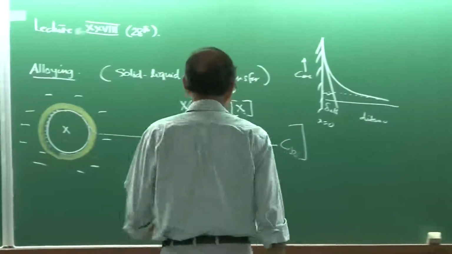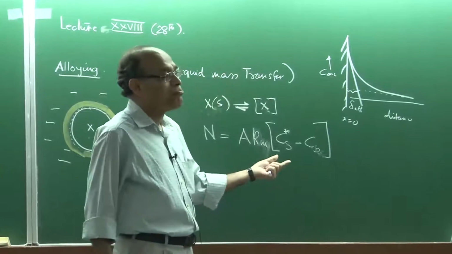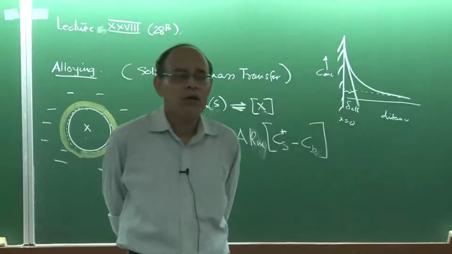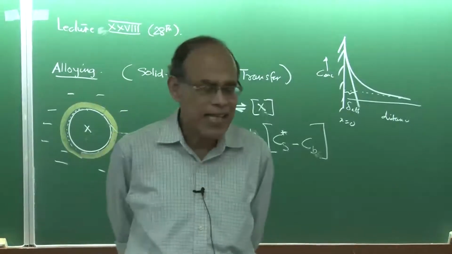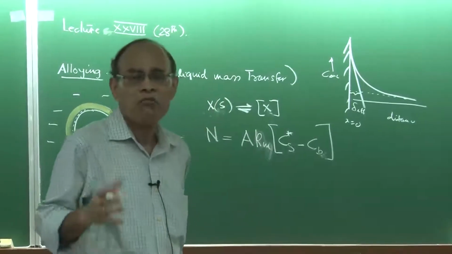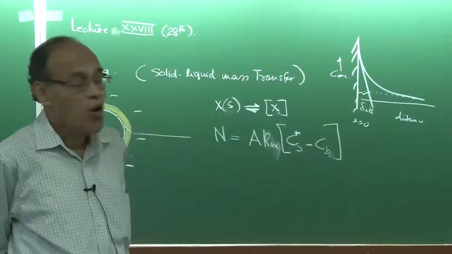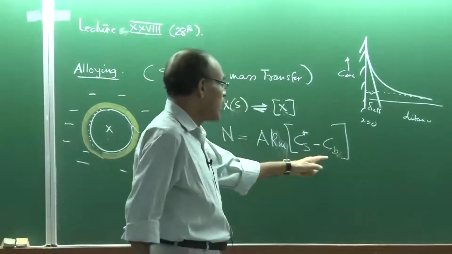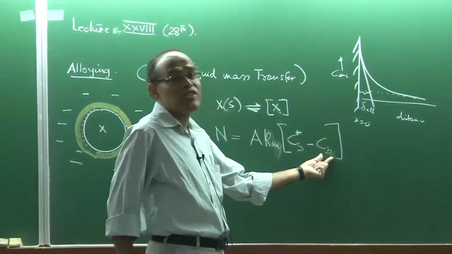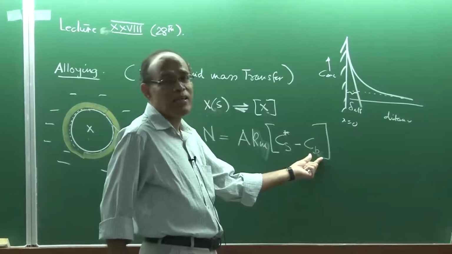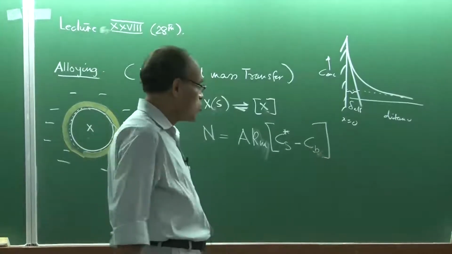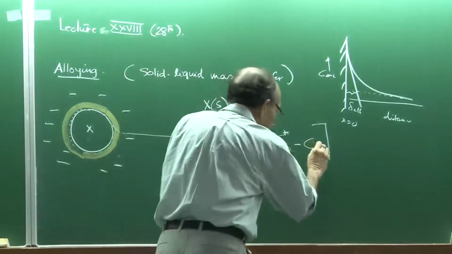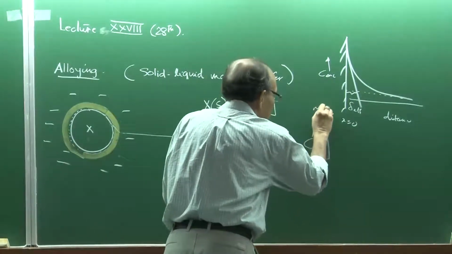For example, the saturation concentration of niobium or tungsten in steel is of the order of 3000 kg per meter cube. On the other hand, you can have at the most tens of kg per meter cube, that is the concentration of those alloying elements in the bulk. So in the vast majority of cases, as a first approximation, one can consider this to be approximately equal to 0.